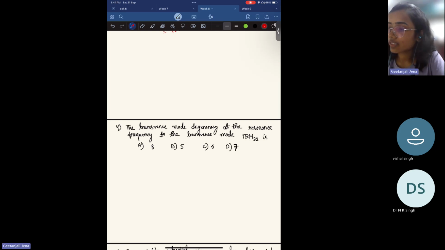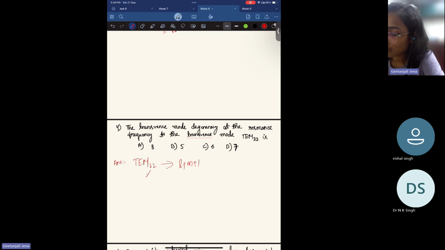So this is asking about what is the transverse mode degeneracy of the resonance frequency for TEM32 field distribution. So this is given by L plus M plus 1.